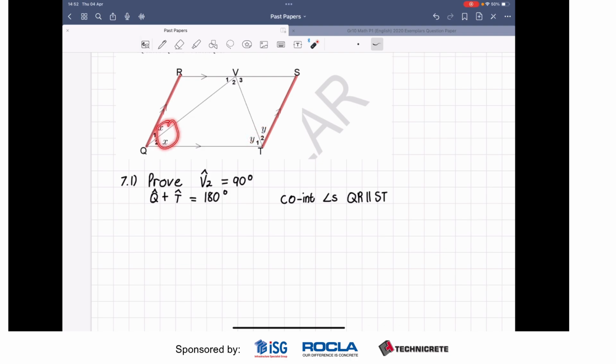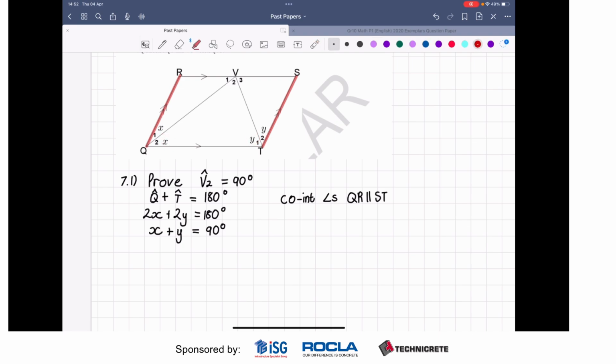So that means that 2x plus 2y is equal to 180 degrees because of this co-interior. And then I can just divide everything by 2. So I've got that x plus y is equal to 90 degrees. So now I've got the values x and y that added together equal 90 degrees.